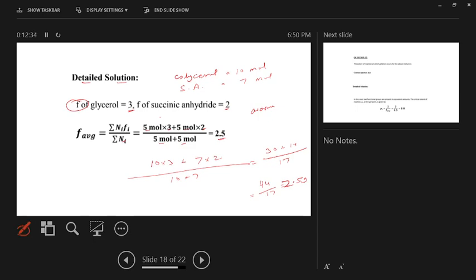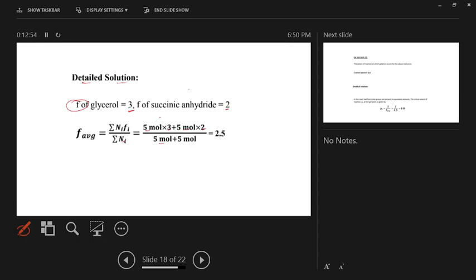Here you cannot take a simple average, because it is a weight average. Is it clear up to this question? I think all things are clear. If you interact, then only I will be able to understand whether you have any doubt.